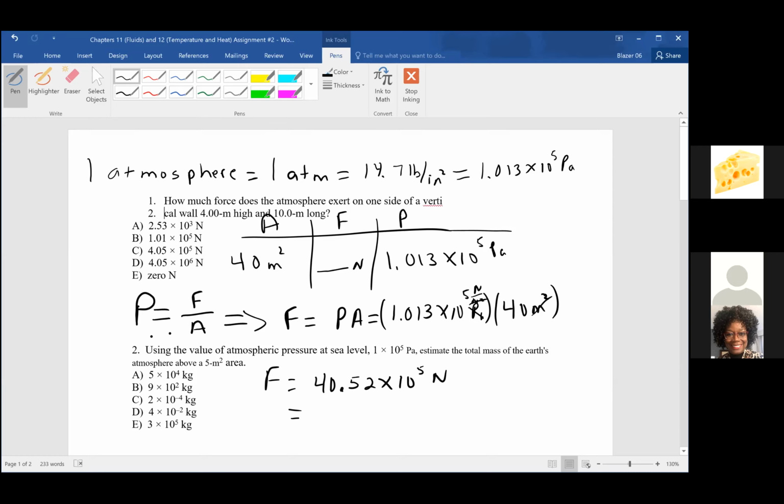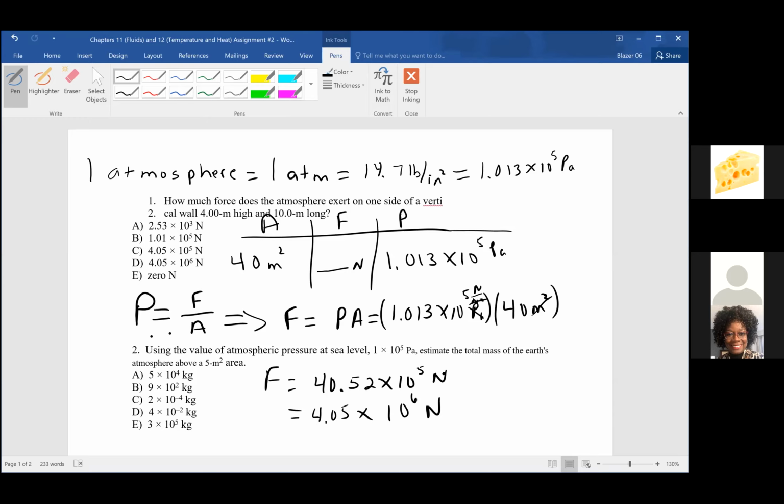So that means that this has to get smaller by a factor of what? 10. So that's 4.05. And this has to get larger. So it's 10 to the what? 6. This part of the number gets smaller. This part of the number has to get what? Larger. That's my answer. So that would be answer D. Okay? Answer D.